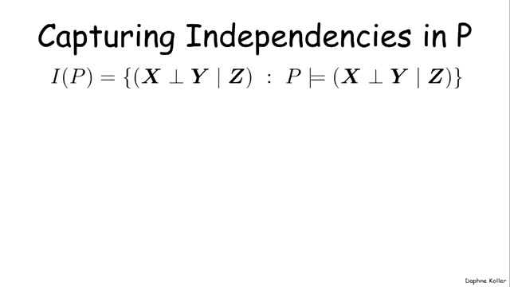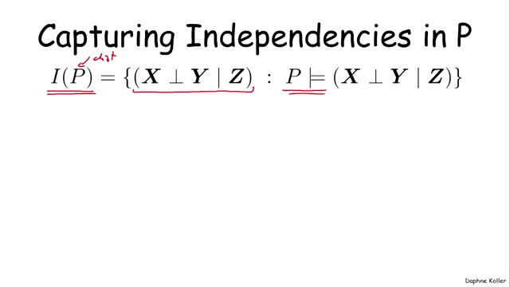So first, let's understand what the independencies of a distribution are. We're going to define this notion of I of P for distribution P as the set of all independence statements, X is independent of Y given Z, that hold for the distribution P. So one can write down potentially an exponentially large set of independence statements, and each of those is going to be either true in a given distribution P or not.